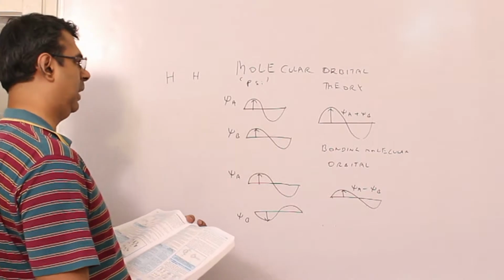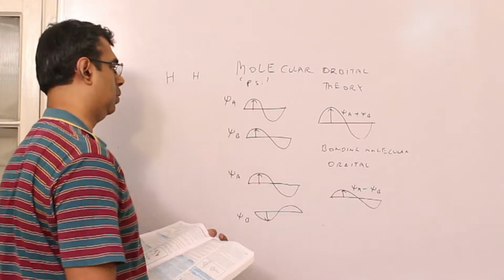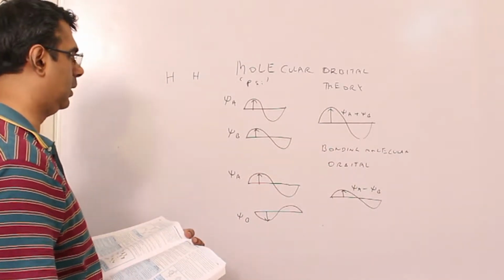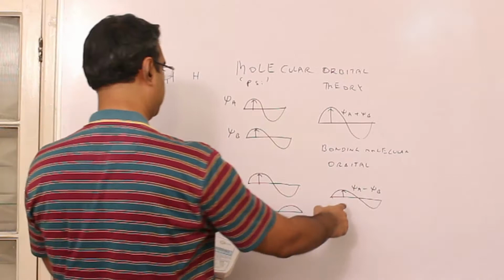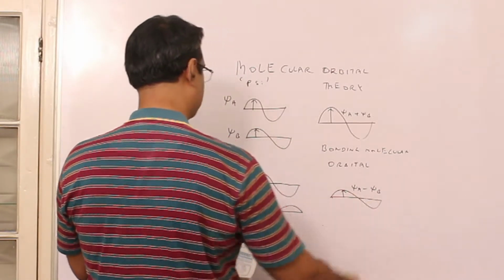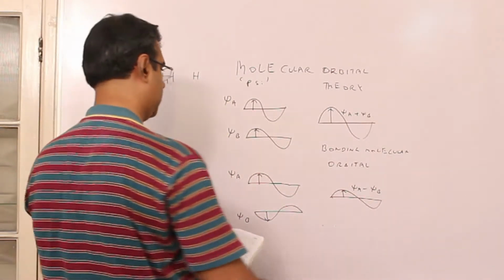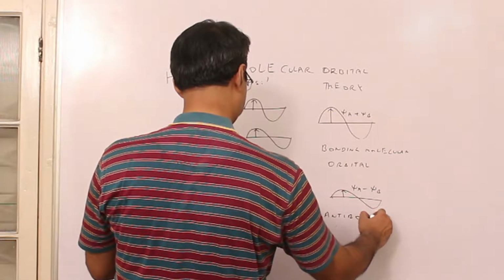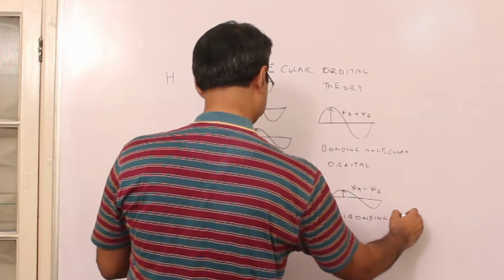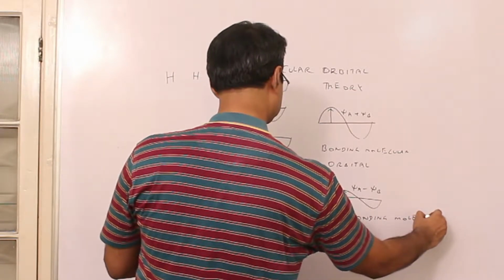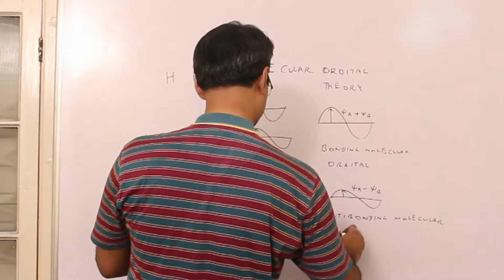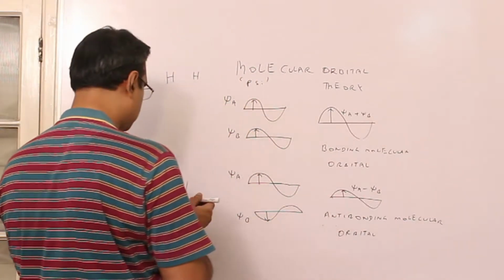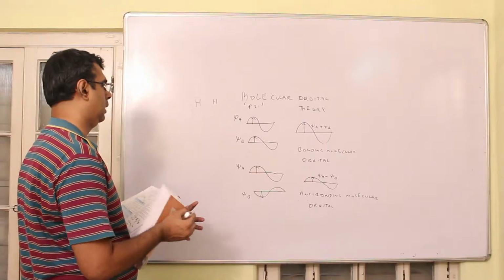So when the two atomic orbitals overlap, the overlap may happen in this manner, in which case the molecular orbital is called bonding molecular orbital, or it may happen in this manner, in which case the resultant amplitude becomes psi a minus psi b, and the orbital is called anti-bonding molecular orbital.